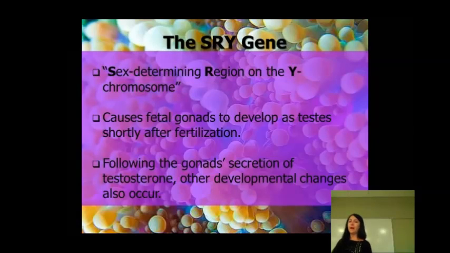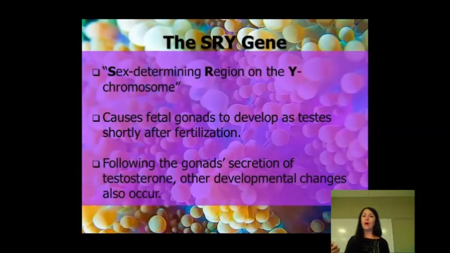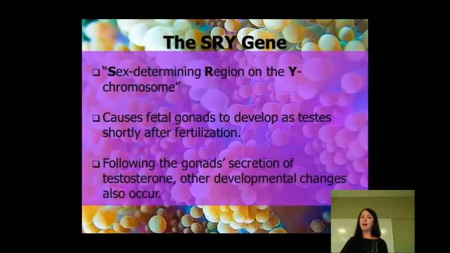So what actually is happening is that everyone is female within the womb until they get this hormone that flushes over them and makes them develop testes instead of continuing on to have the female parts. So after the gonad secretion of testosterone, then we start to have male development swing into full swing.